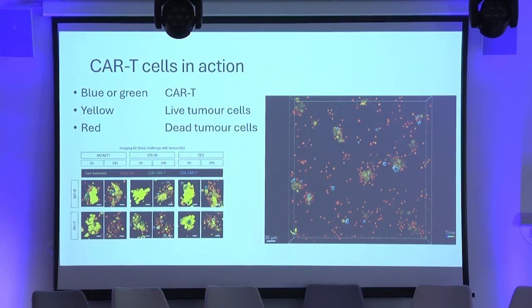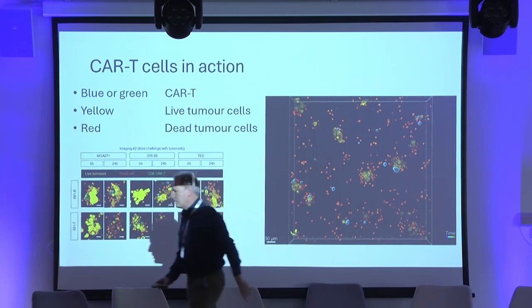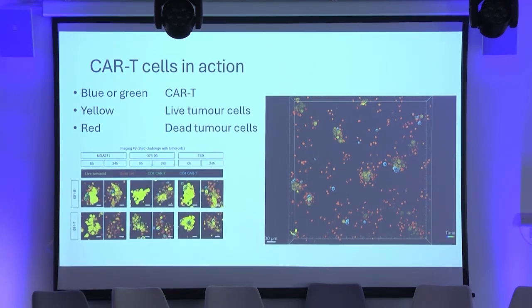Now, the movie seems to have started, which I didn't want it to do, because I wanted you to look at a particular blob, which I can't point to because I haven't got a mouse, but it's this one, that one there, because when I set the animation off, you should fix your eye on that one, and you'll see that the CAR T cells next to it are sort of holding on to the tumor cells, and one of them is going to turn from yellow to red, indicating that it's died. And out of the corner of your eyes, you'll see lots of other little ones just flitting around randomly, some of them in a very meaningful way and others in a non-meaningful way.